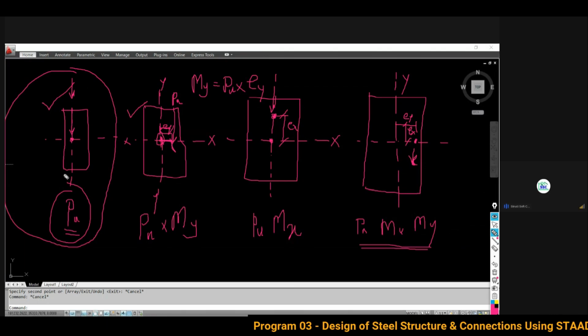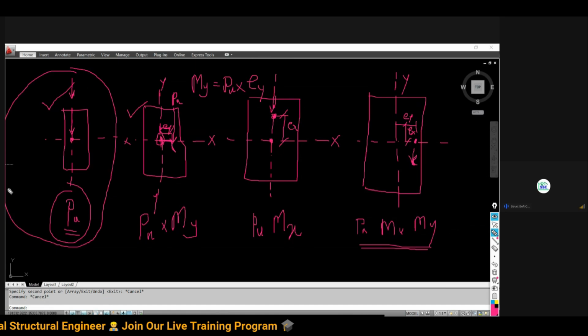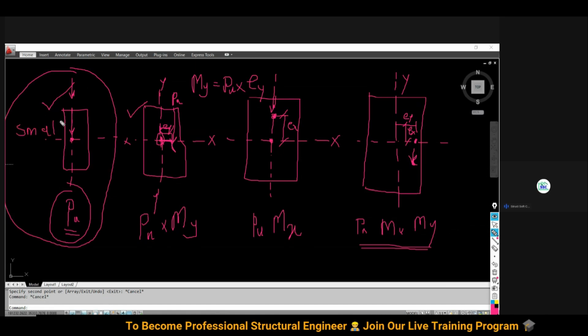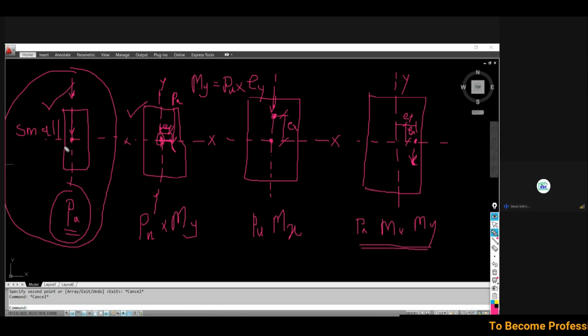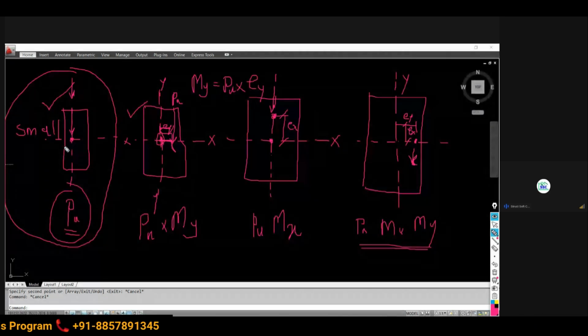It is the best situation for your structure if you have succeeded in making it possible, so that your column section size will be much smaller and very economical. The section size demand will be smaller, plus your reinforcement demand will also be much smaller. So reinforcement will be smaller and the concrete size will be small. Then obviously your design will be very economical.